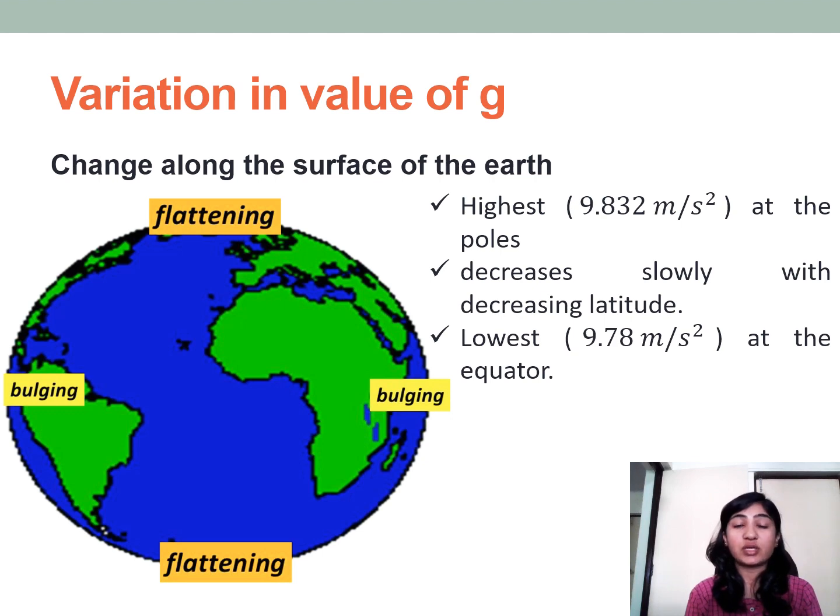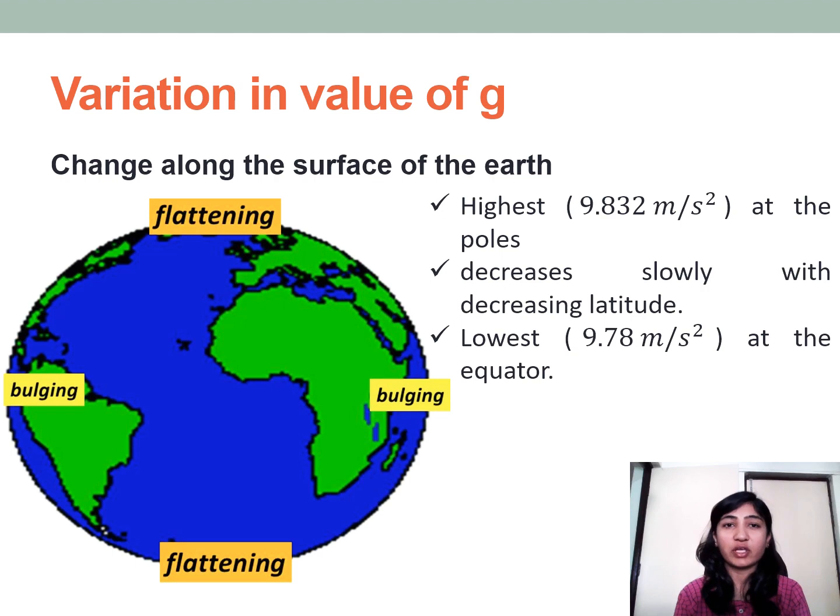Now this universal constant capital G is constant everywhere in the universe, so on the Earth also it is constant everywhere. But this small g, the gravitational acceleration, is variable along the surface of the Earth, and in many places it is different.